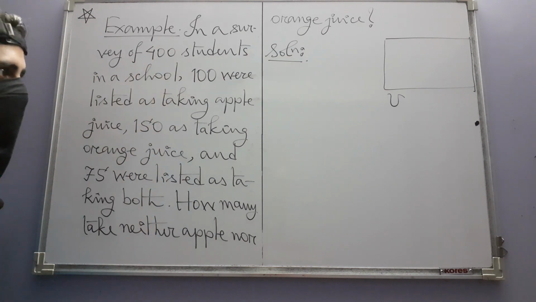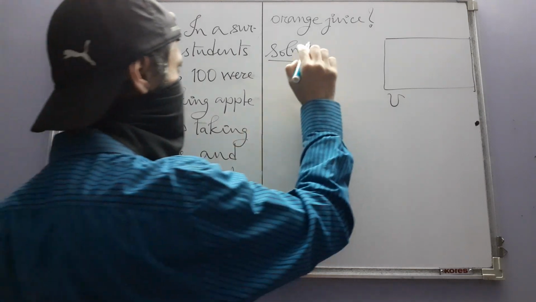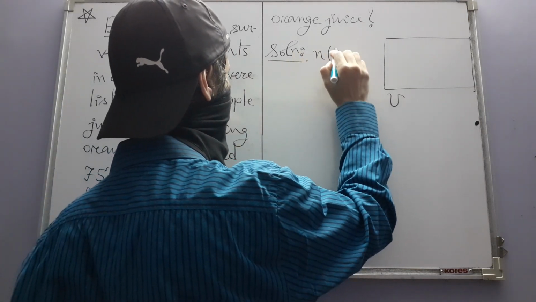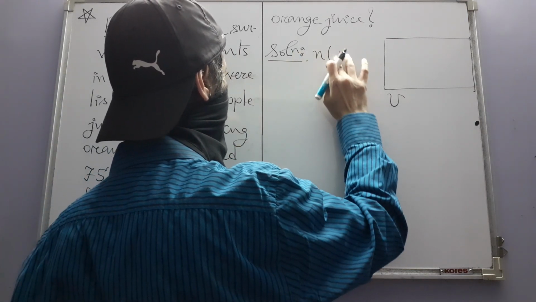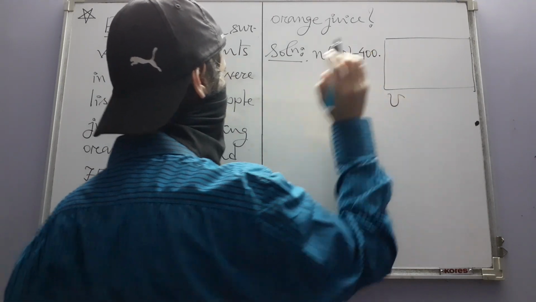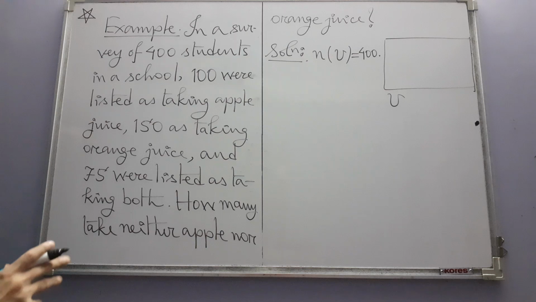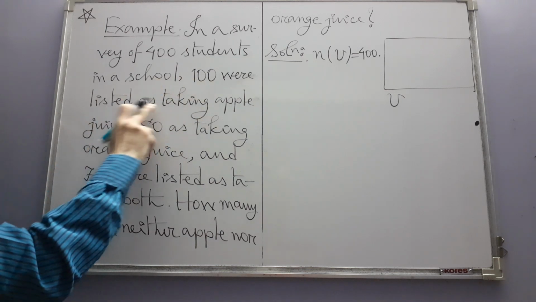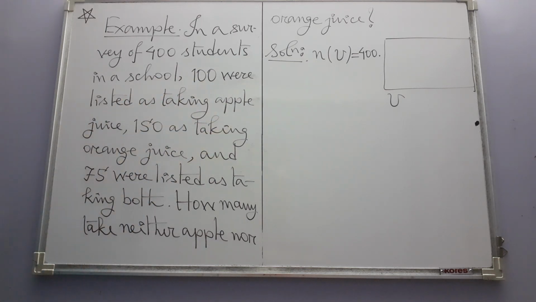That is 400 students. That means U is our universal set and the number of elements in U is 400. Among these students, 100 were listed as taking apple juice. They like apple juice.